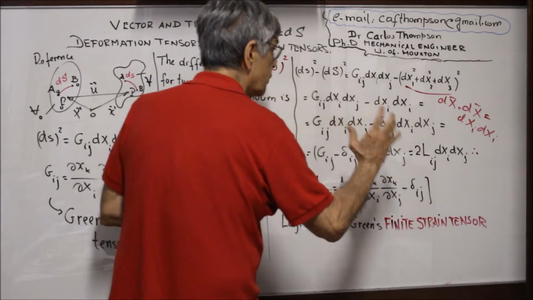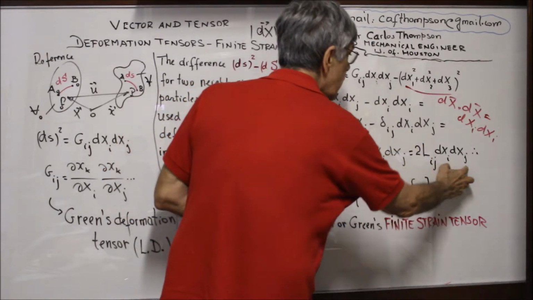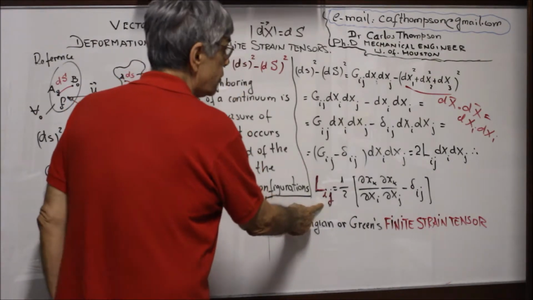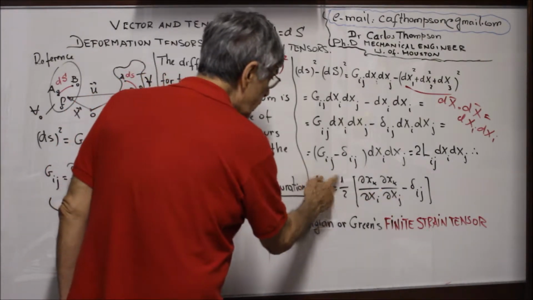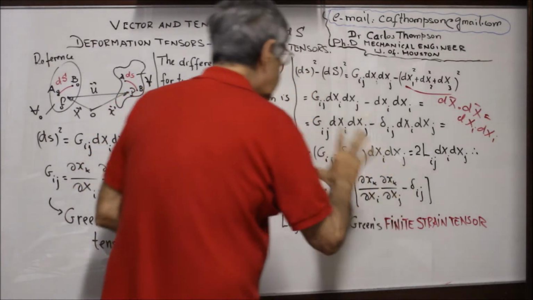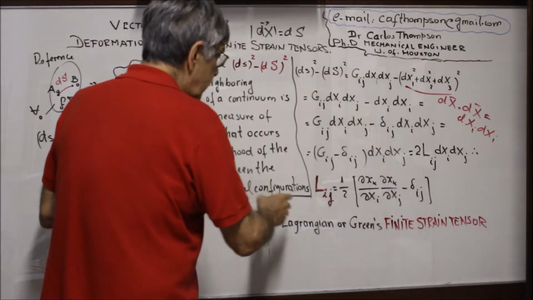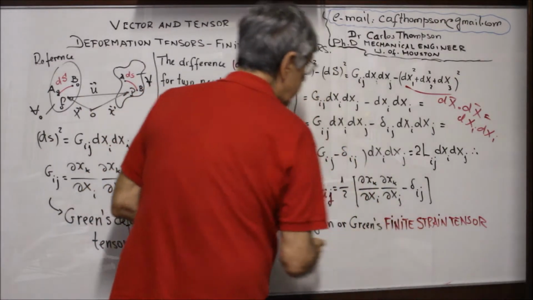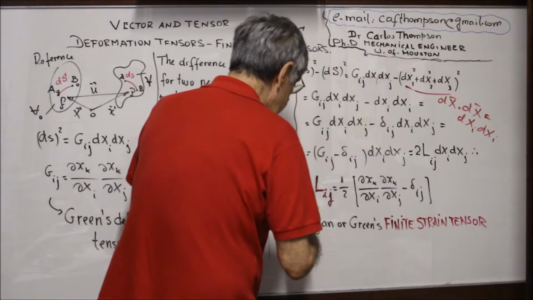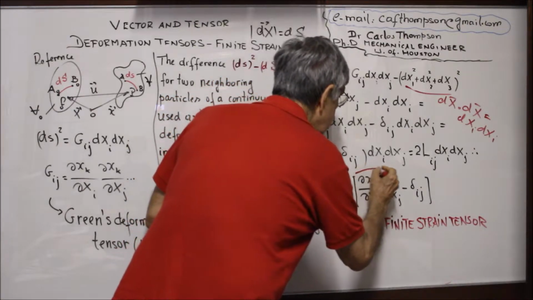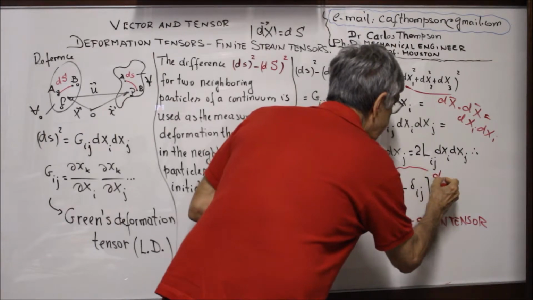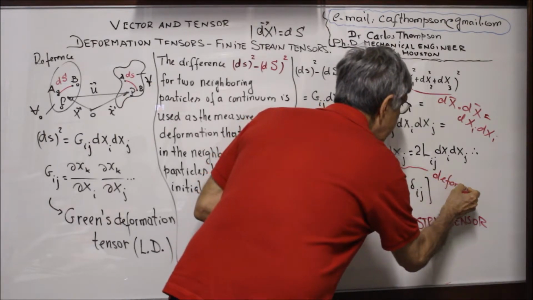By definition, the second order tensor is defined as one half of this. Now attention here is very important.